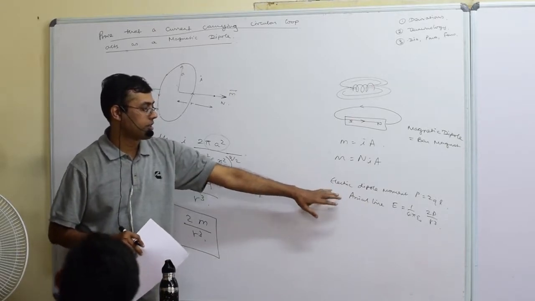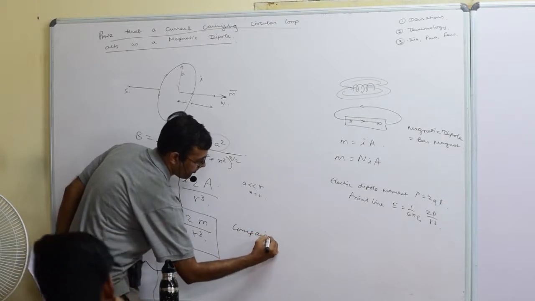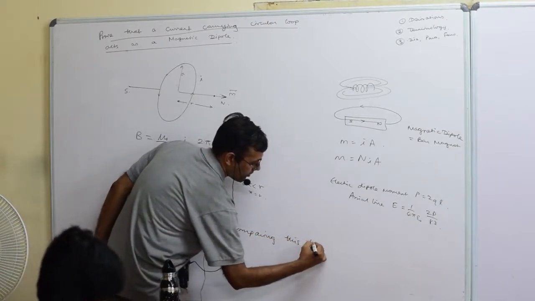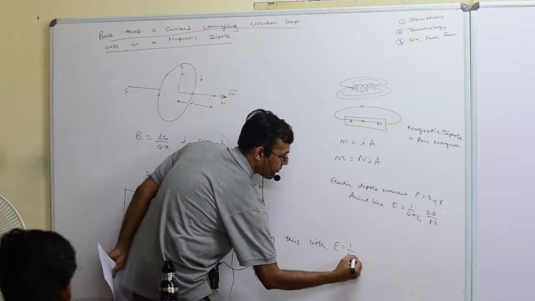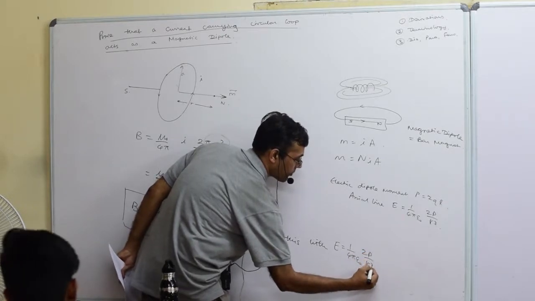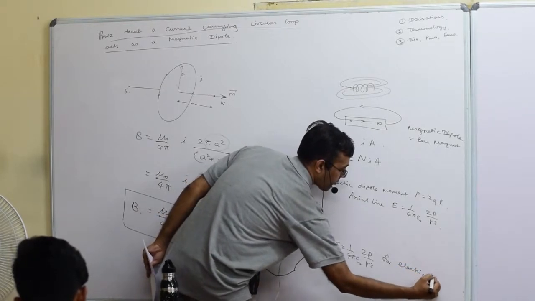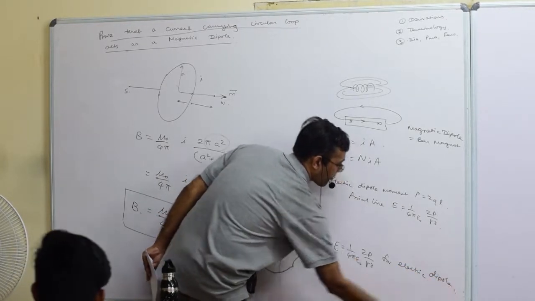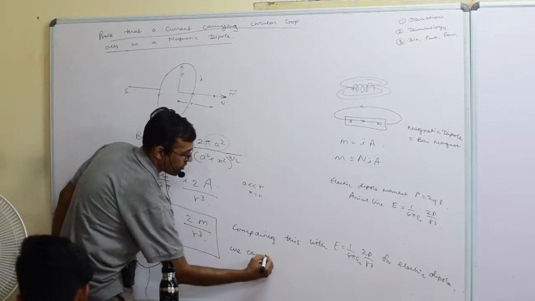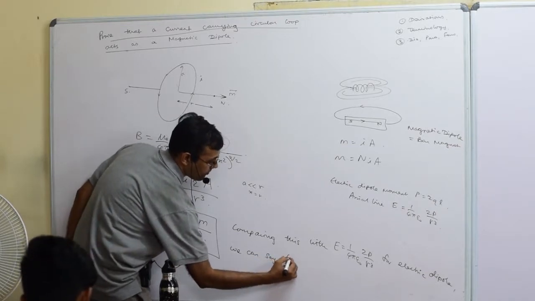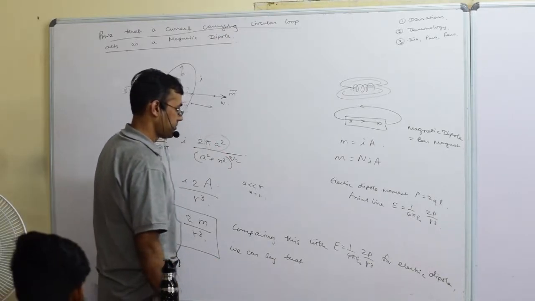So basically, I am going to say that comparing this with E is equal to 1 by 4 pi epsilon naught 2p by r cube for the electric dipole, we can say that the current carrying circular loop acts as a magnetic dipole.